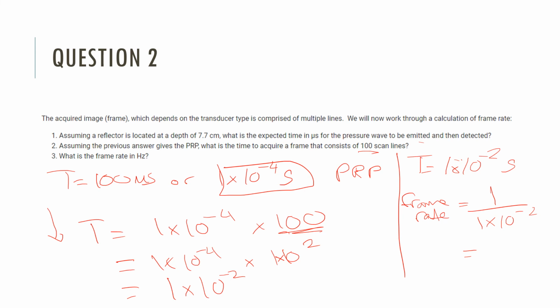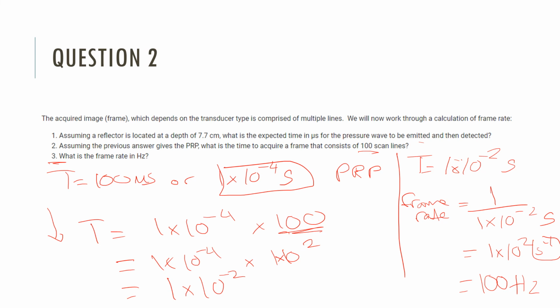Remember, if it's 1 over something, we just make the negative into a positive. So it'll be 1 by 10 to the 2, over 1 second, because seconds is at the bottom. So we flip the negative into a positive, or we can say it's 100, and we know seconds to the negative 1, or rate, is given in hertz. So it's 100 hertz. That's our frame rate, and that's the answer to question 3.